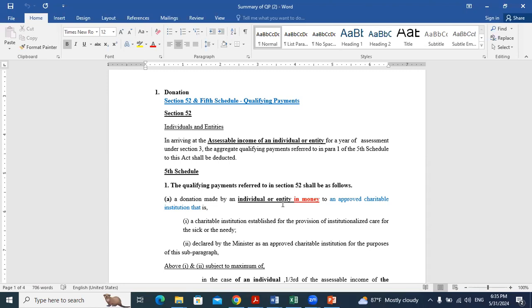Institutional care for the sick and needy, declared by the minister as an approved charitable institution for the purpose of this subparagraph. There are two types of charitable institutions: institutions established to provide institutional care for the sick and needy, and the other one, where the minister would declare these associations to be treated as approved charities.